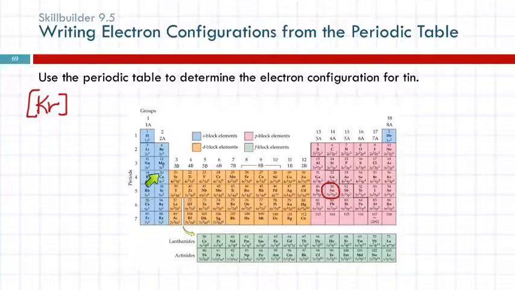And then, this one's all nice and color-coded, right? So after krypton, we're going to period 5. This is the s block, so that's 5s2. And then we get to the d block, that's 5 minus 1, that's 4. That's full, full all the way across, 4d10.